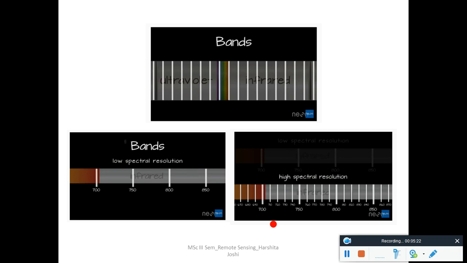If the spectral resolution is between 700 to 750, the sensor will not be able to identify any variation between these two bands. It may identify the variation between these two, but not within this. The better the resolution, the more it can identify variation within the bandwidths within this band itself. So it has high spectral resolution.